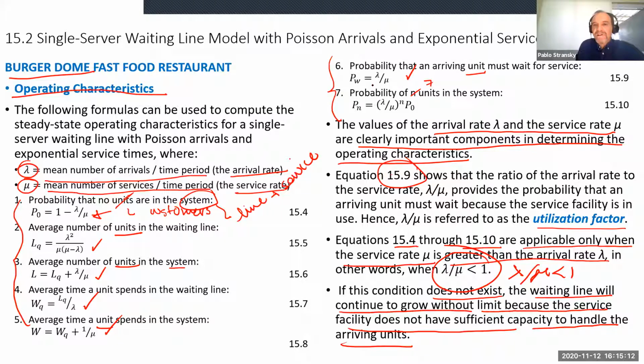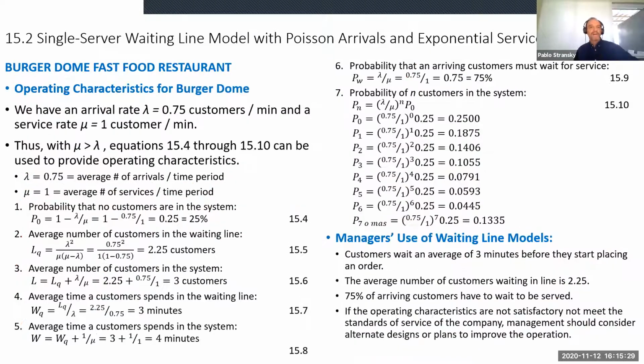This is lambda divided by mu, and it provides the probability that an arriving unit must wait because the service facility is in use. Let me show you figures here, okay? If you remember, we had a lambda of 0.75 before, okay? And mu equal to 1. Do you remember where this number comes from?